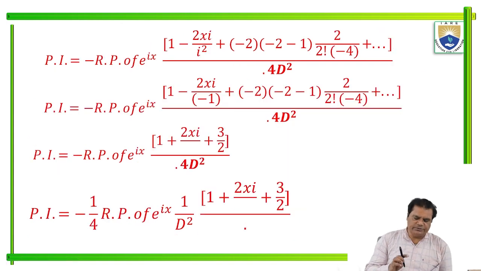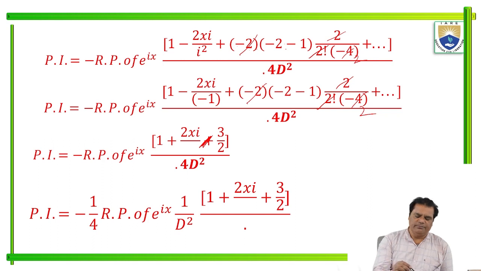So now here minus 2 and here minus 4. This 2 cancels this 2. This is plus 3. So what happened here? Minus 3 by 2. This is minus 3 by 2. This is minus 4. This 2 cancels this 2, and this 2 cancels this 2.